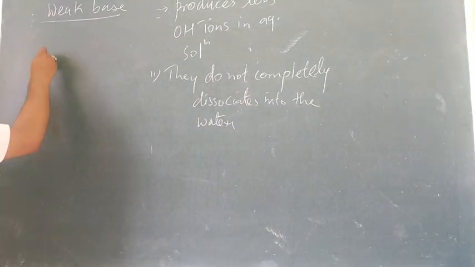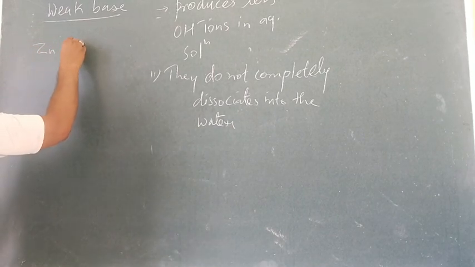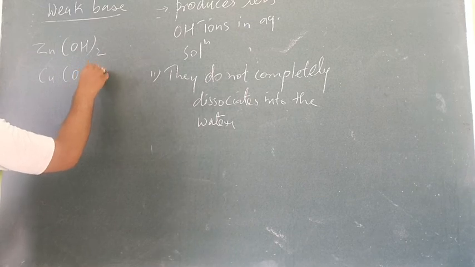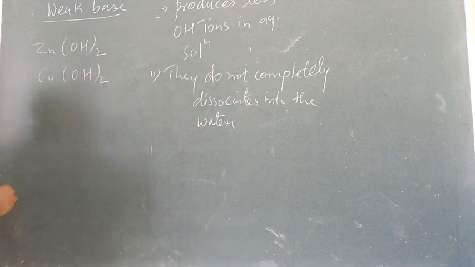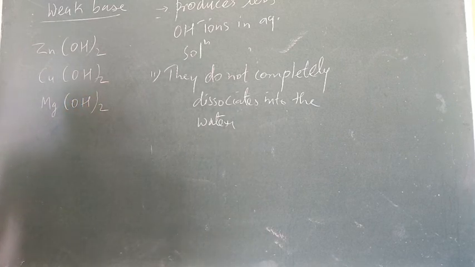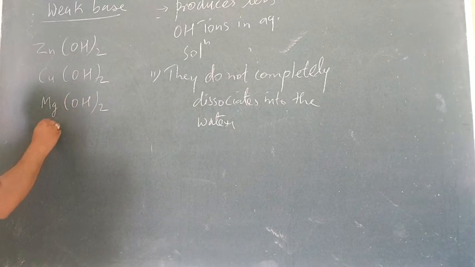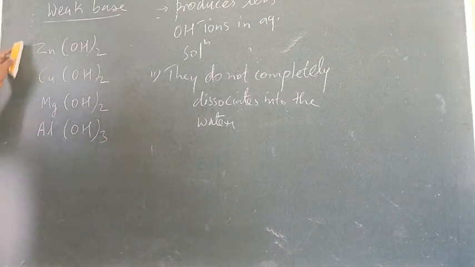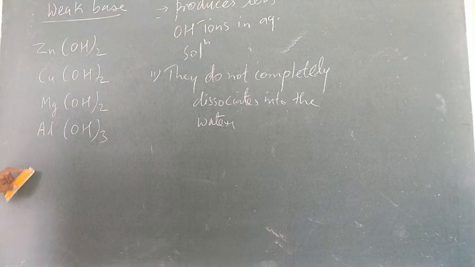For example, you can say zinc hydroxide, copper hydroxide. Is it clear? Magnesium hydroxide, aluminium hydroxide. So they are weak bases, right?